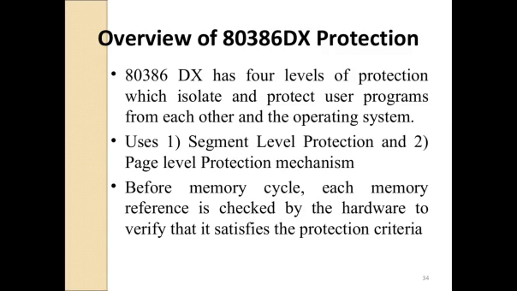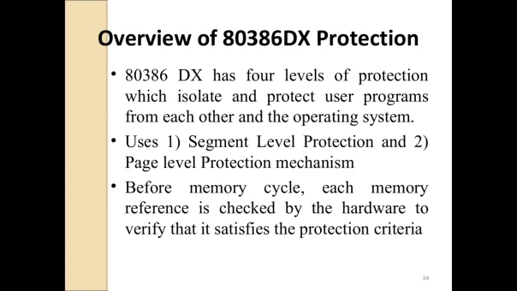These are the instructions which are sensitive to the IOPL value, and these instructions will be executed only if CPL is less than or equal to IOPL. So there is another way of security or protection. We will see the overview of 80386 protection. The 386DX provides 4 levels of protection which isolate and protect user programs from each other and from the operating system.